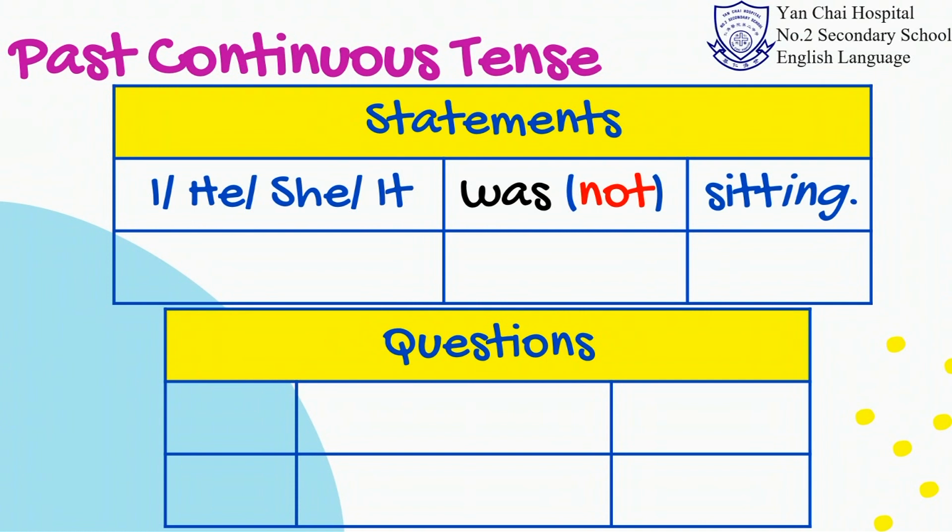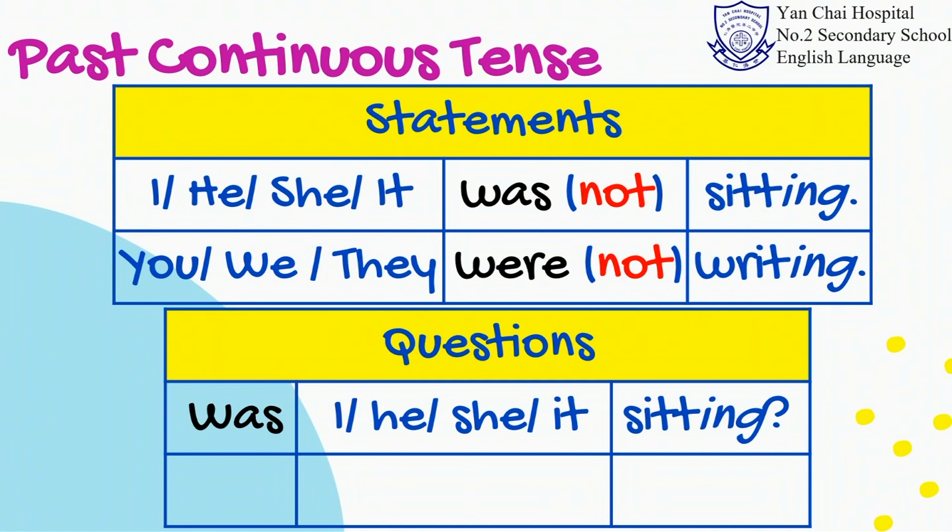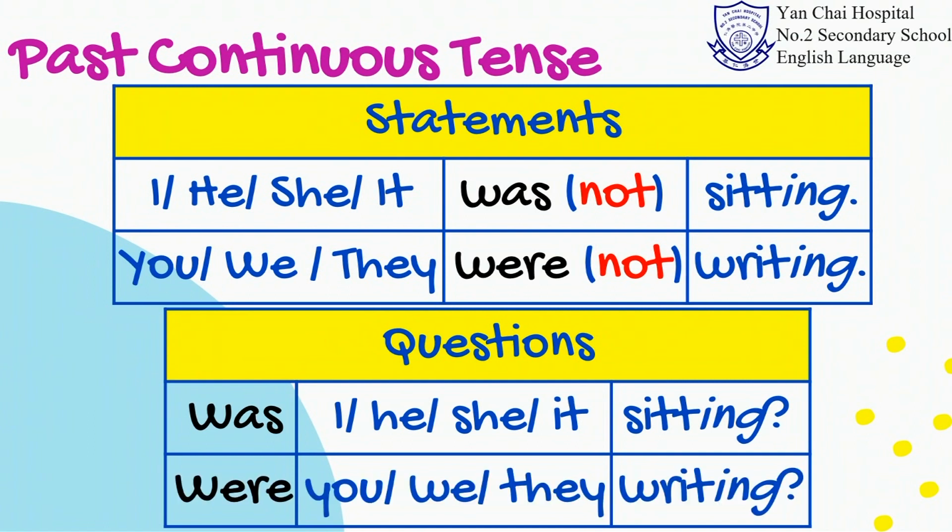I, he, she, it was not sitting. You, we, they were not writing. Was I, he, she, it sitting? Were you, we, they writing?